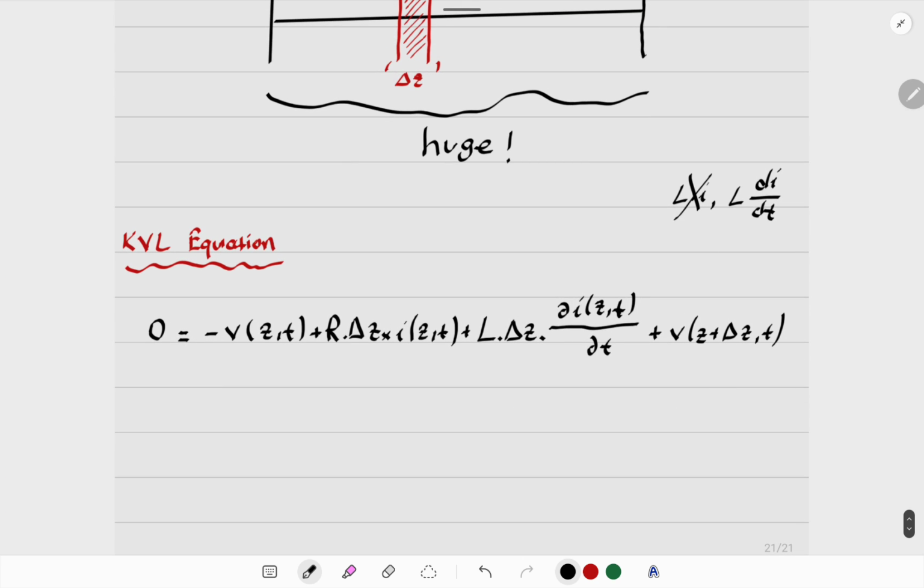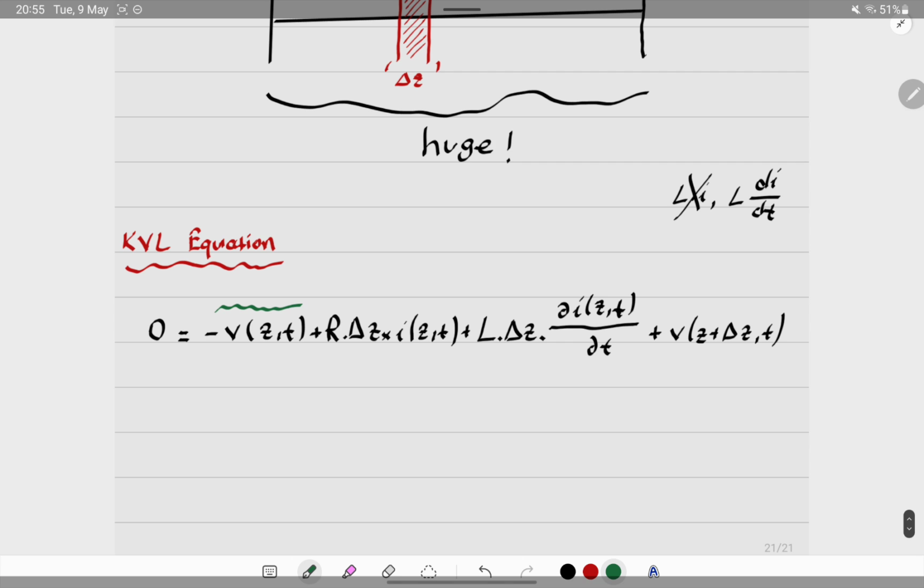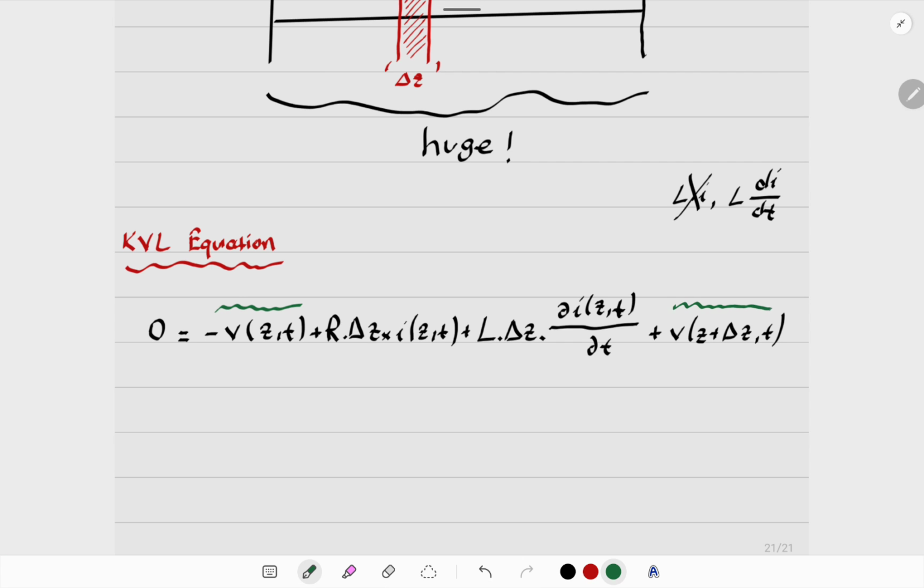So if we rewrite this equation and move these voltage parameters to the left side, you see something like this.